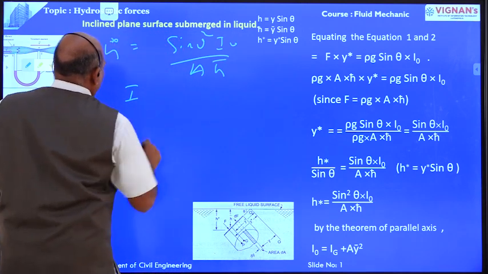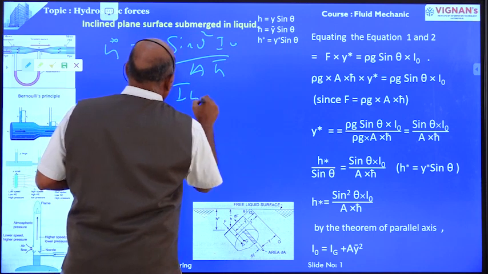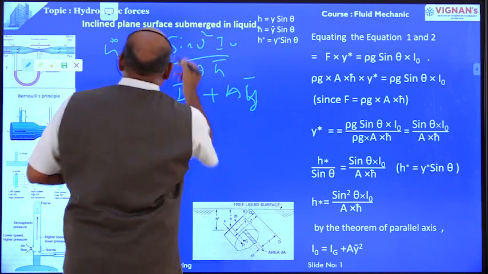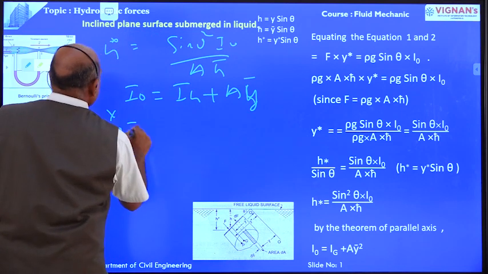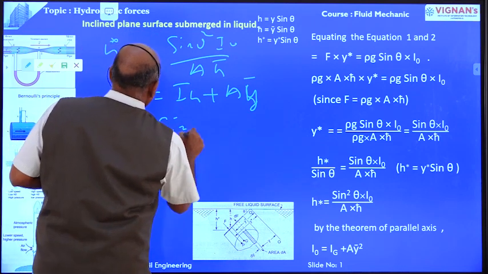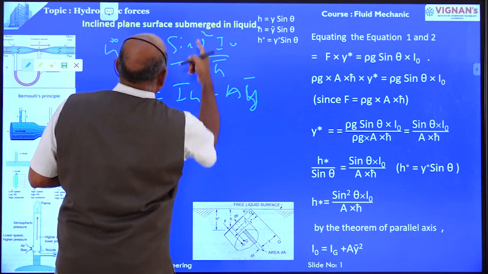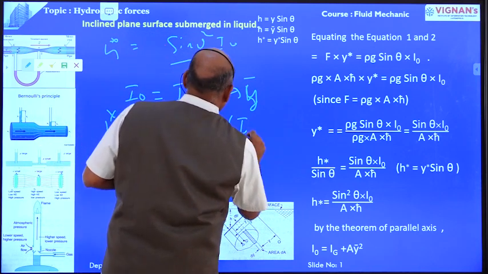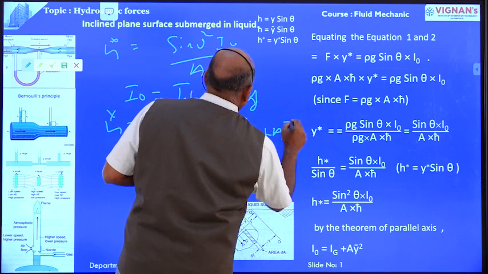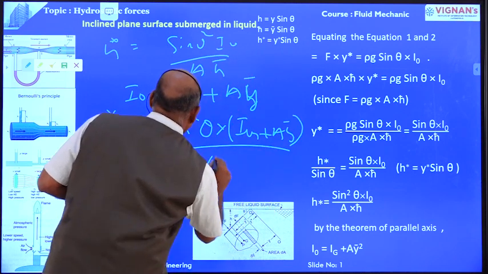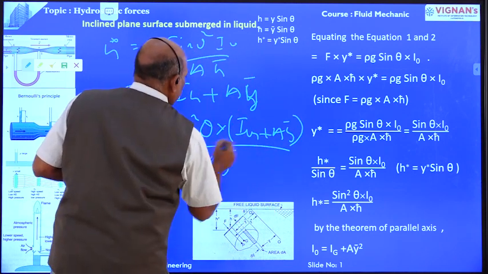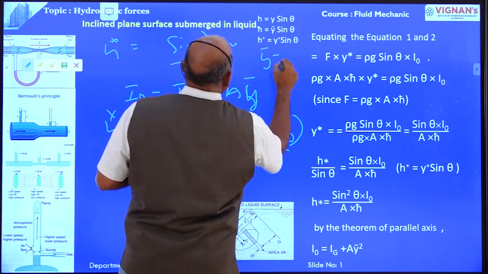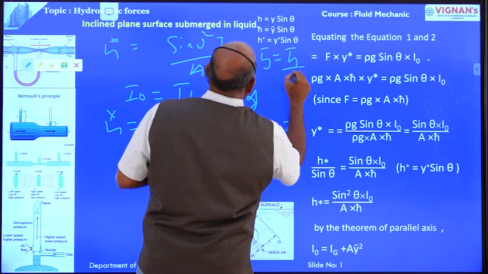But as per the parallel axis theorem, I0 is equal to I CG plus a y bar square. Therefore h star is equal to sin square theta into I CG plus a y bar square, divided by a y bar. In place of y bar, we take h bar divided by sin theta.